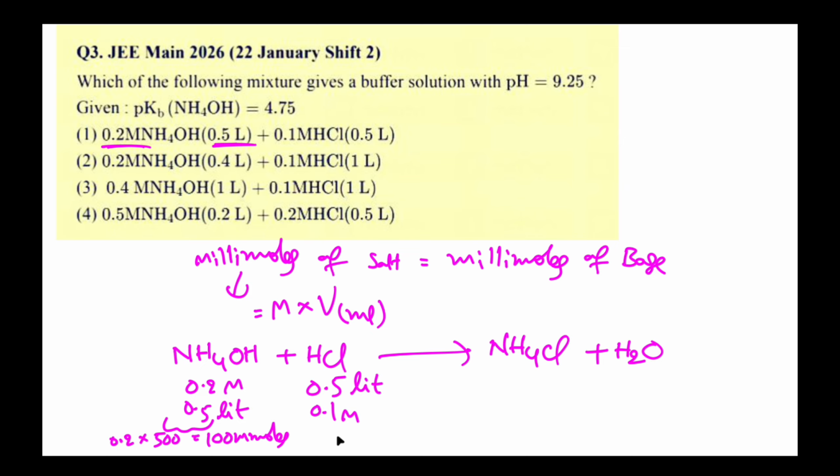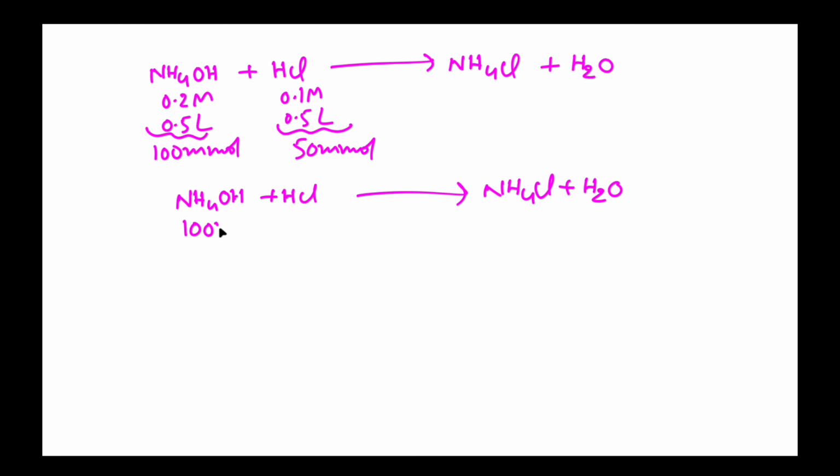Same like that here, 0.1 into 500, that is 50 millimoles. So here 100 millimoles of NH4OH is treated with 50 millimoles of HCl. Here HCl is the limiting reagent. The same amount of product will form, that is 50 millimoles of NH4Cl is obtained. At the end of the reaction we still have 50 millimoles of NH4OH remaining.